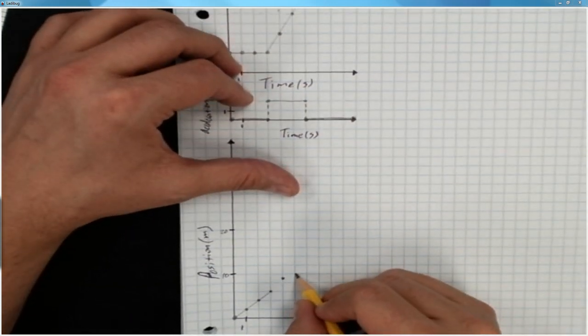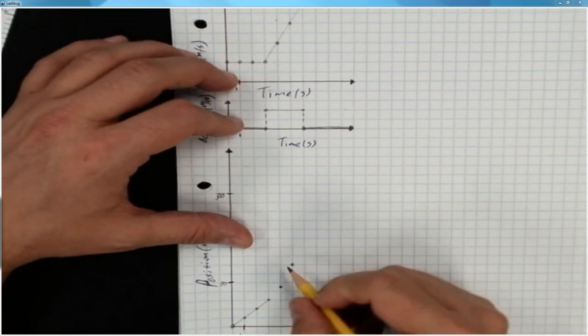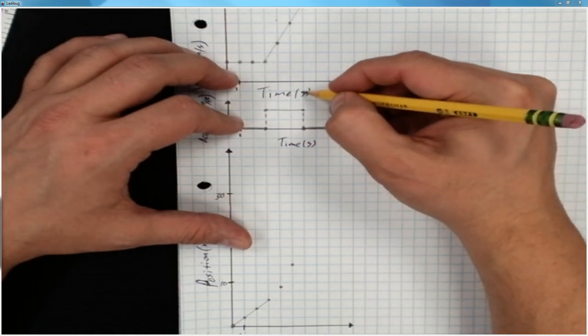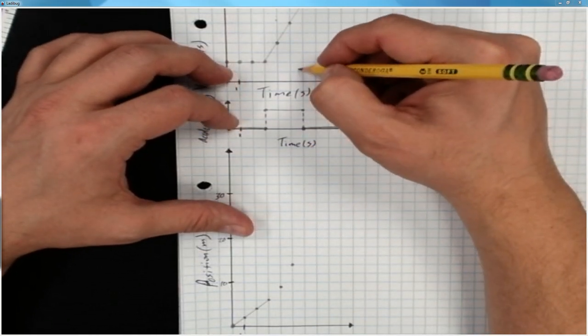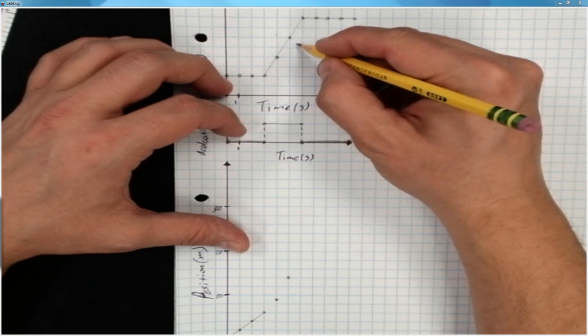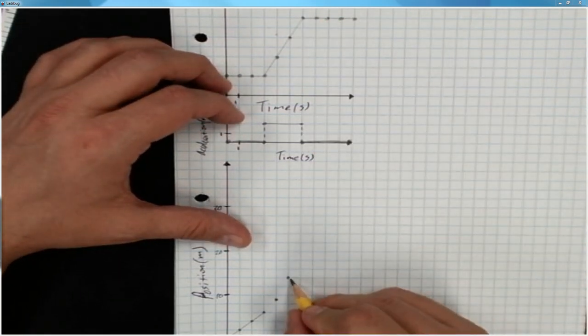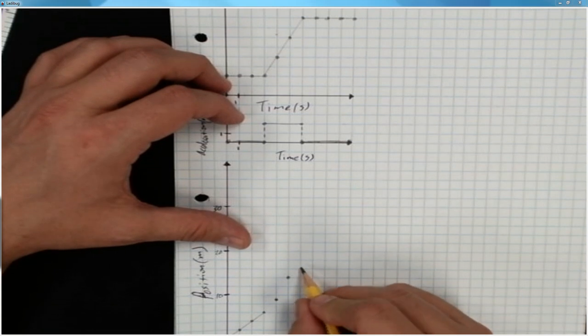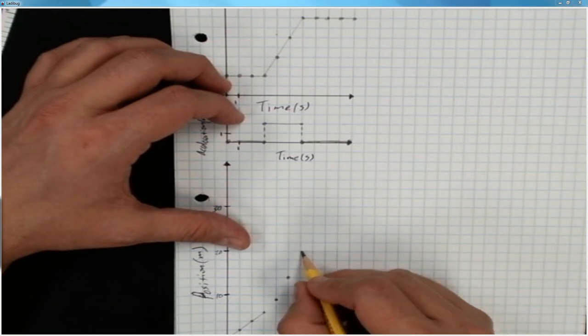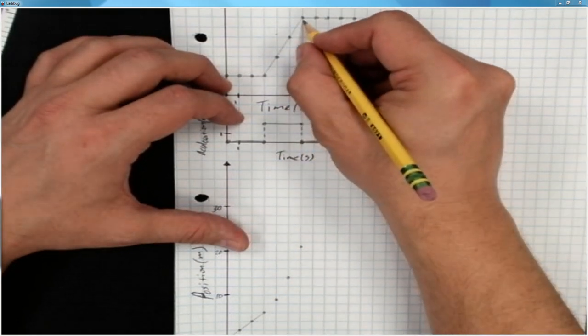So 1, 2, 3, 4, 5. And then here in this time frame, I go 1, 2, 3, 4, 5, 6, and half of 2, which is 7 altogether. So 7 up from here. 1, 2, 3, 4, 5, 6, 7. That puts me there.